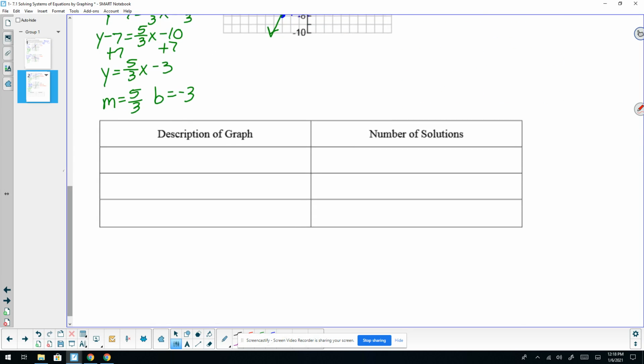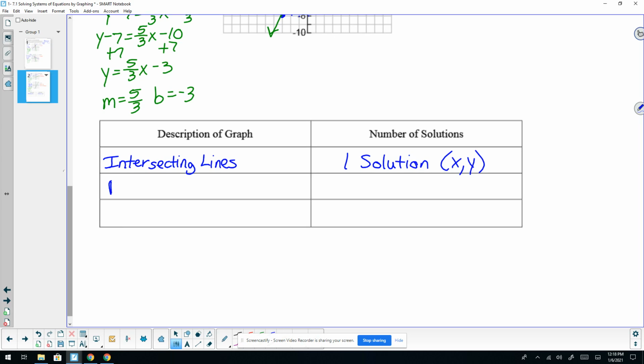All right? So what we're going to do now is talk about the three different types of solutions we found. If I have intersecting lines, I'll have one solution, and it will be in an ordered pair, x comma y.